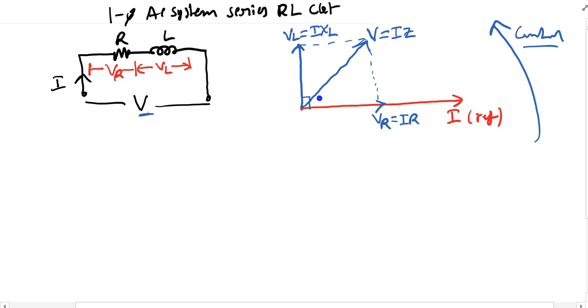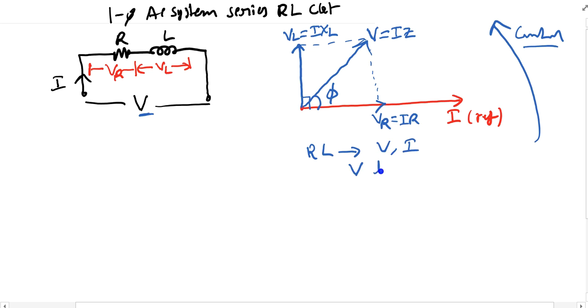Now with respect to this current vector, my supply voltage makes some angle, which I take as phi. So phi is the angle between the supply voltage and this current I. In case of this RL circuit, what is the behavior of V and I?